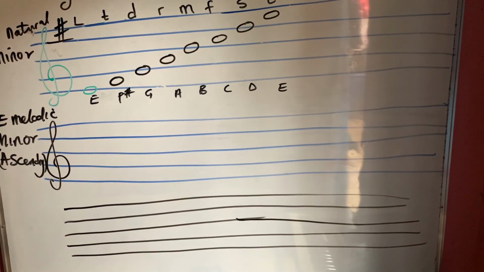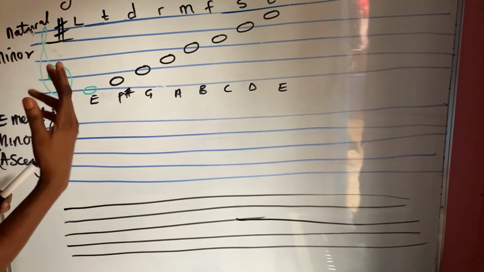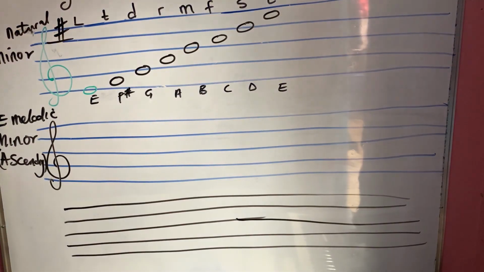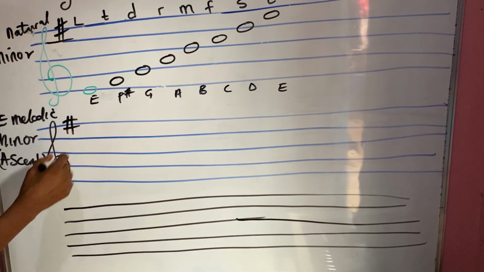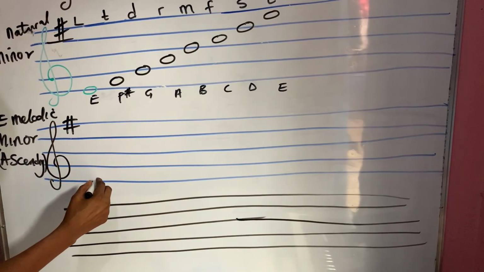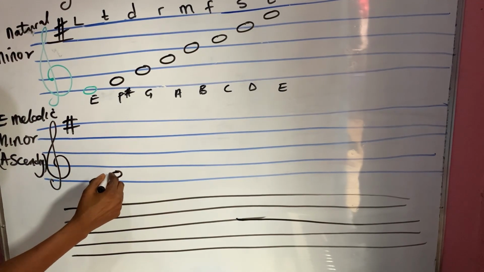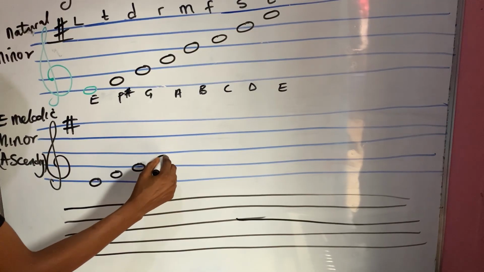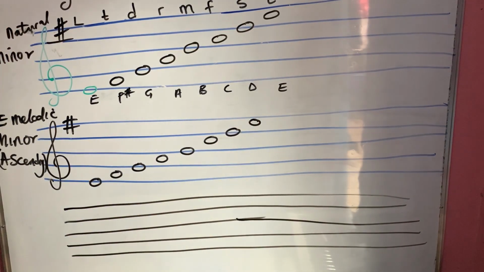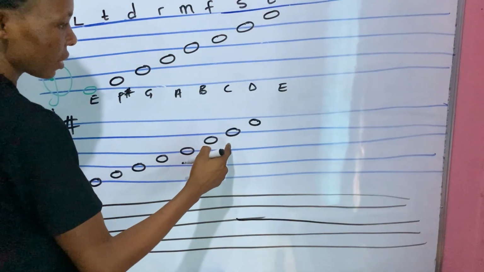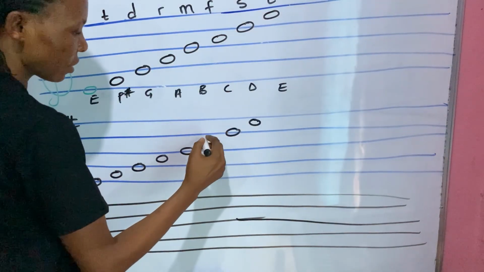Now in melodic minor, we'll have the 6th and the 7th degree raised. Now let's see what I'm saying. Let me use key signature so I won't confuse you. Then we have here E, F sharp, G, A, B, C, D, back to E. We have the 6th and the 7th degree raised.